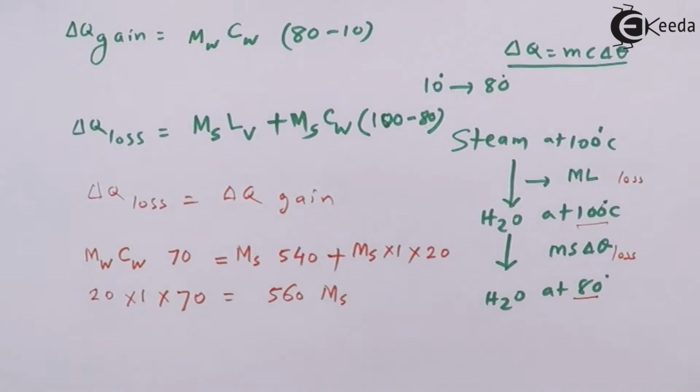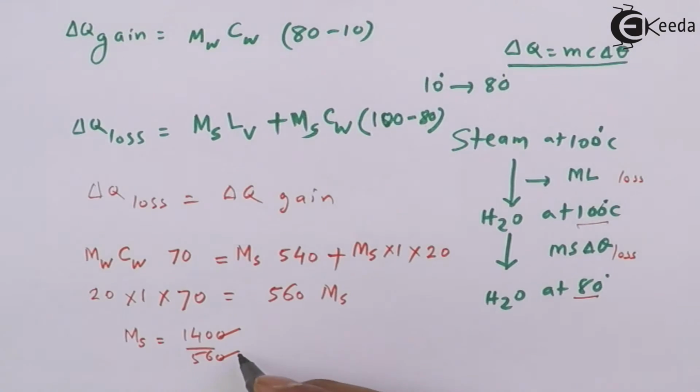So from here, ms comes out to be 1400 divided by 560, that is 140 divided by 56.